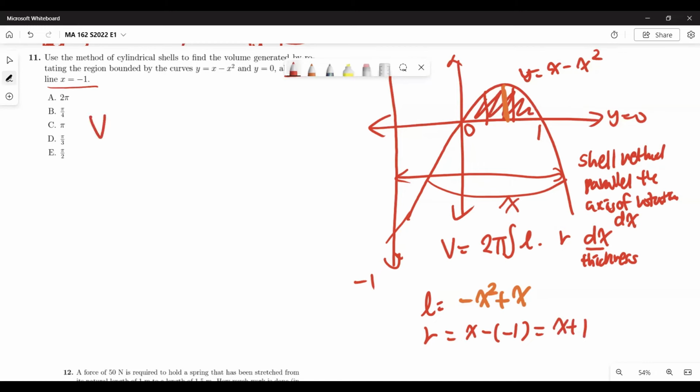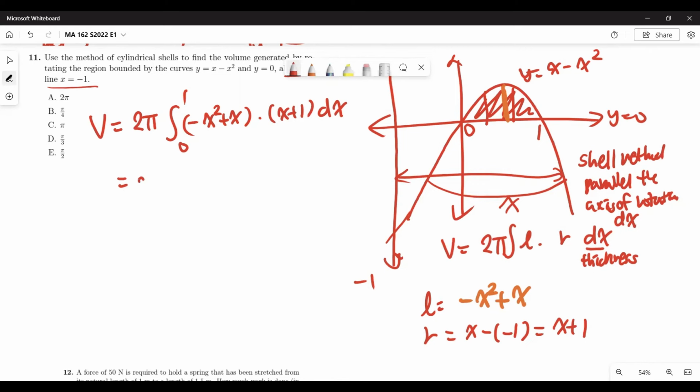So if you write the equation, V is equal to 2 pi times negative x squared plus x, entire thing multiplied by x plus 1 dx, and we want to find the bounds for it, which is already given, 0 to 1. Let me expand the equation.